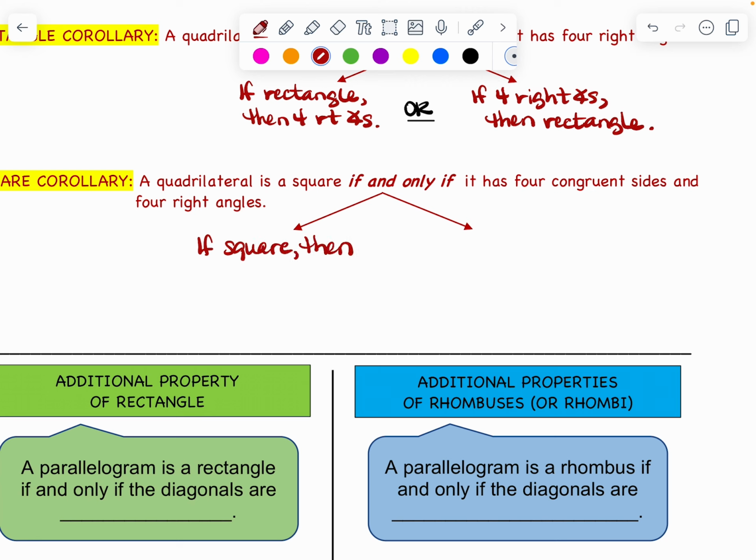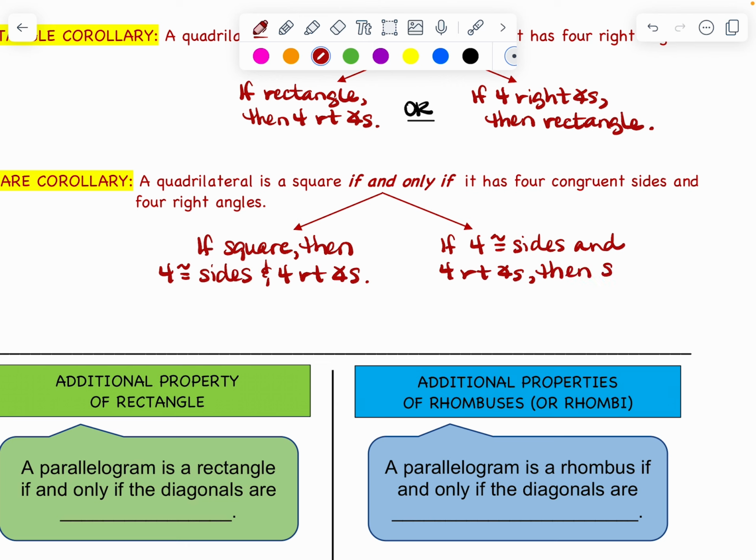If square, then four congruent sides and four right angles, or if four congruent sides, I'm sorry, I forgot the and, and four right angles, then square.